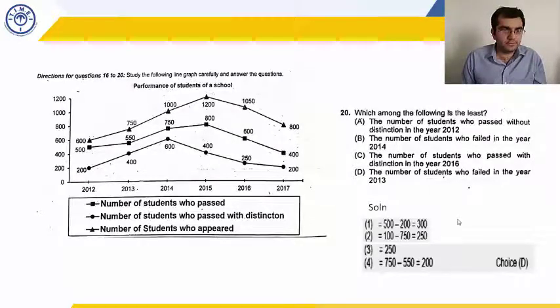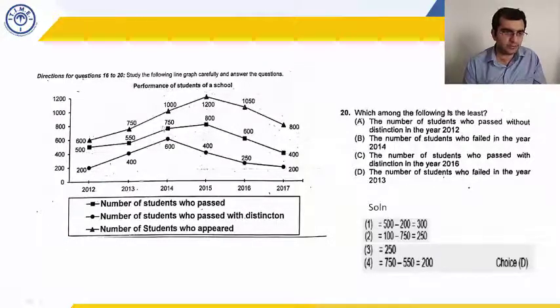Okay, let's move to the last and final question set. Or do you want to go over this again? Okay, I'll go over this with my arrow. Students who passed without distinction in 2012 will be 500 minus 200, that is 300.